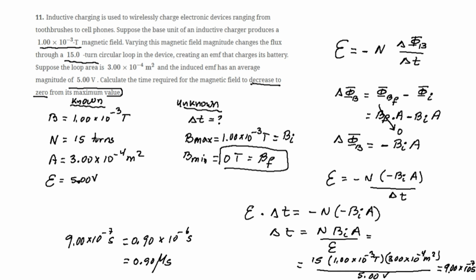So that would be the time. In this case, the time needed to have that variation is 0.90 microseconds. Of course, it's a very, very small time.